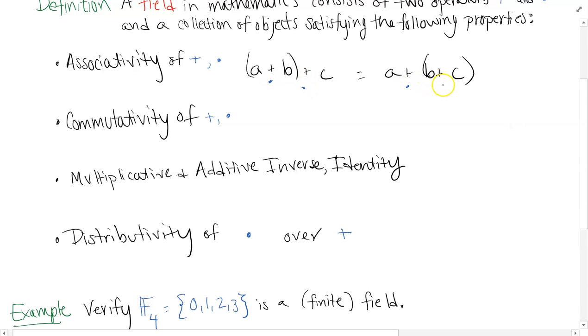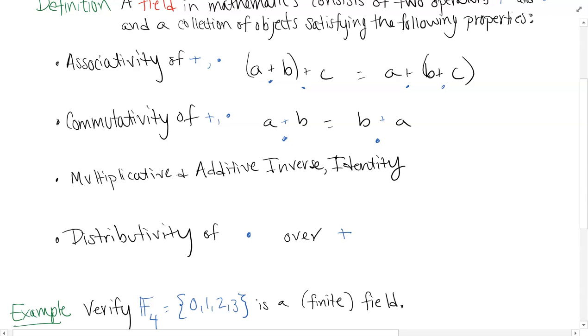It doesn't matter how you chunk them, it's the same. That's this idea of associativity. And commutativity means that if you have elements like A and B, this is typically equal to B and A, and so you can either add those or multiply those in either order.